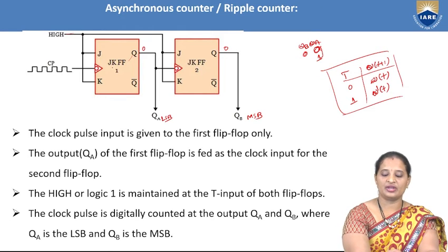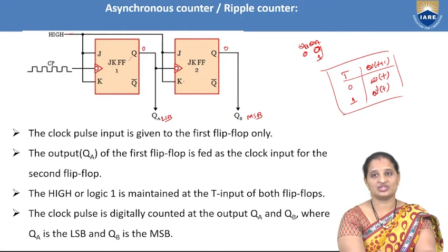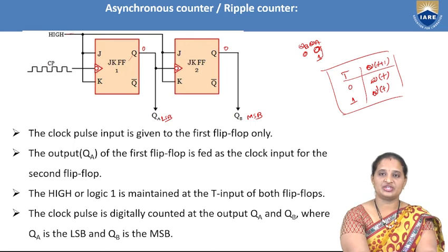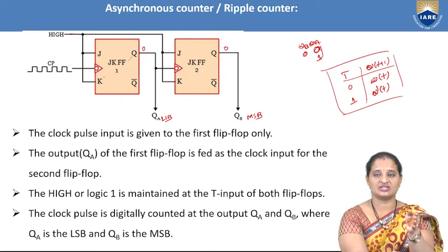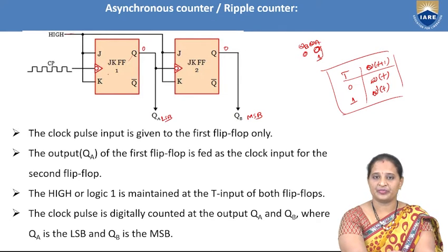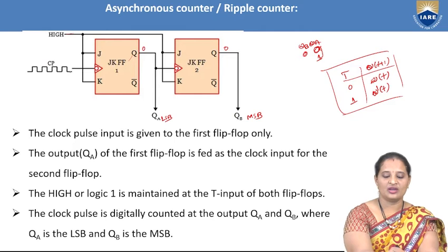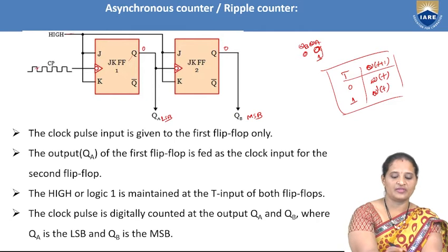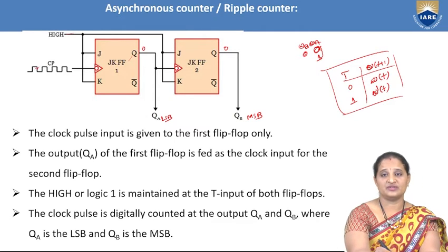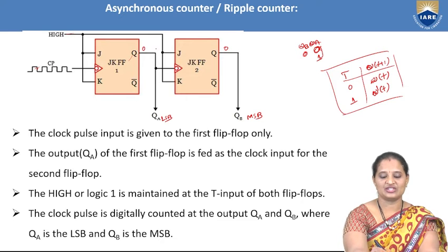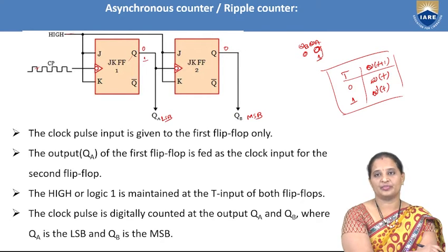As I already told you, both are negative edge triggered flip-flops. Negative edge triggered means whenever there is a transition in the clock from 1 to 0, only then will the state of the flip-flop change. So during the negative edge of the clock pulse, the first JK flip-flop toggles and changes its state to 1.